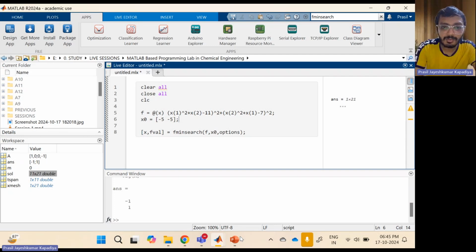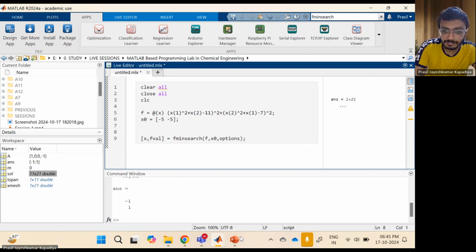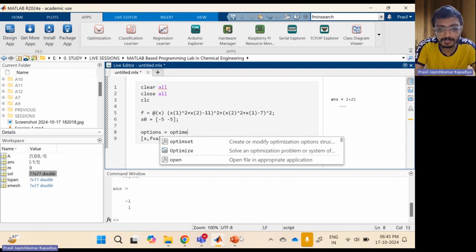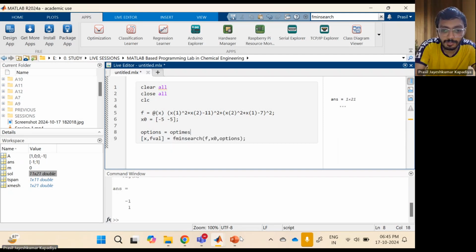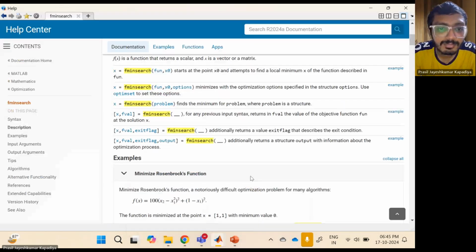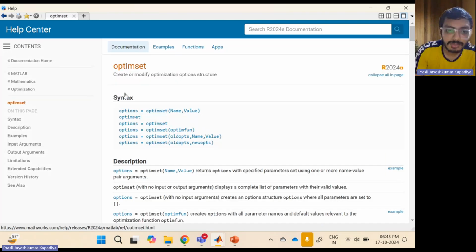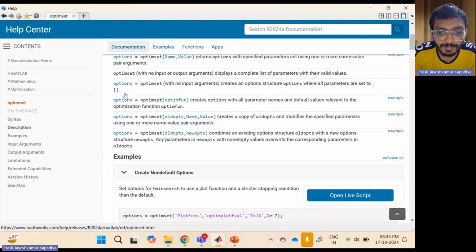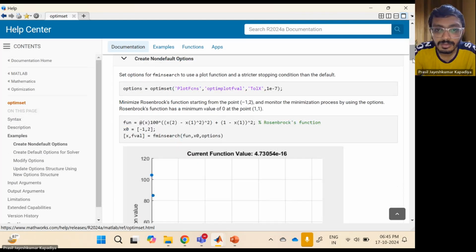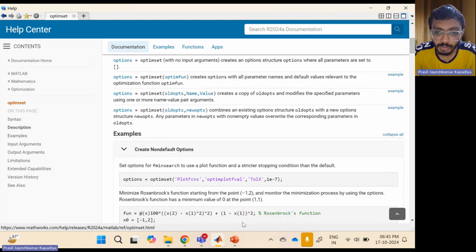Okay, and for the options part, we checked we need to use optimset. So let's search about optimset. So how can we define optimset? We need to write what we want to do.